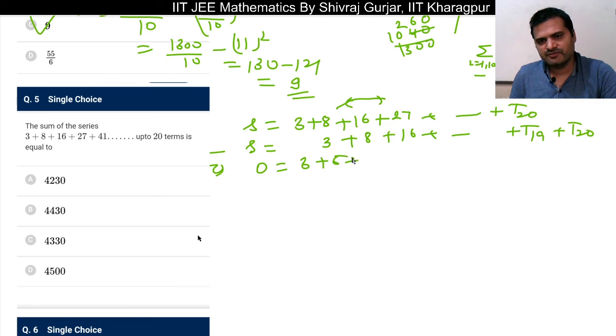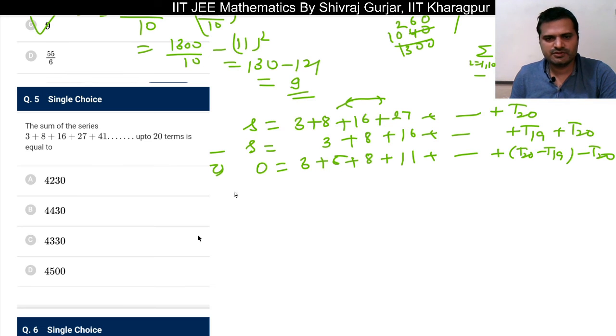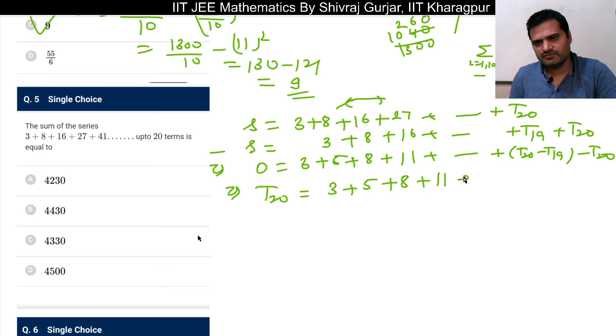3 plus 5 plus 8 plus 11, this is T20 minus T19 minus T20. So from here we can say that T20 is nothing but 3 plus 5 plus 8 plus 11 plus and so on.